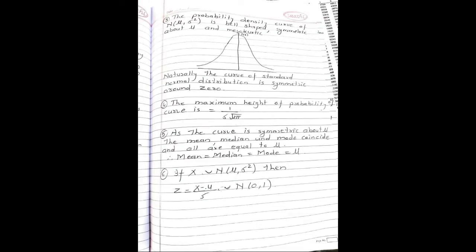Third property: the probability density curve of normal mu sigma square is bell-shaped, symmetric about mu and mesokurtic. So this is the normal probability curve. Naturally, the curve of standard normal distribution is symmetric around 0. The maximum height of the probability curve is 1 upon sigma root 2 pi.